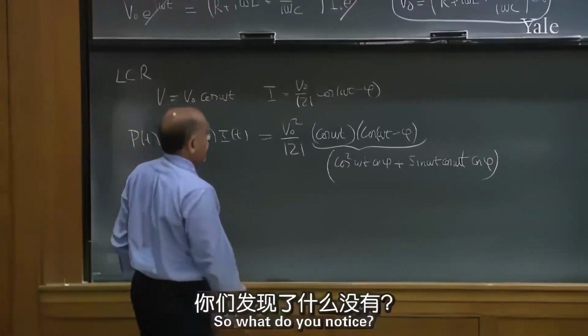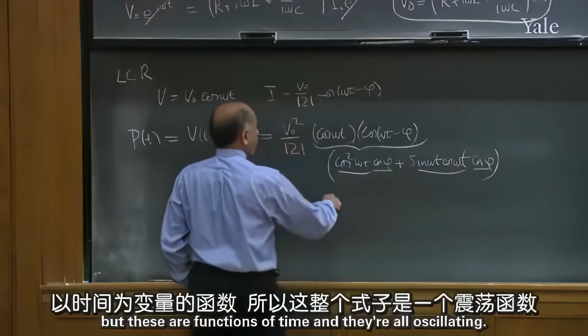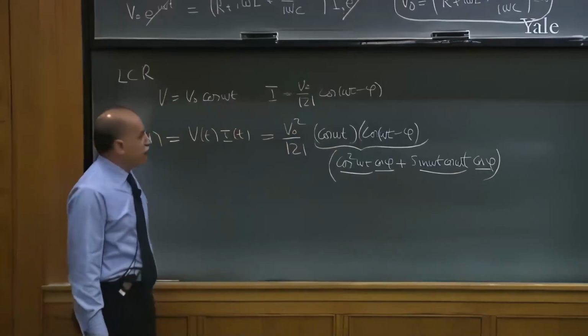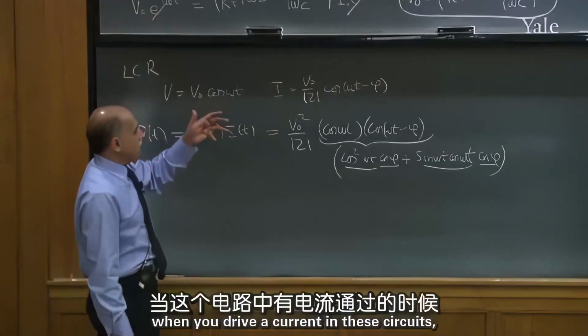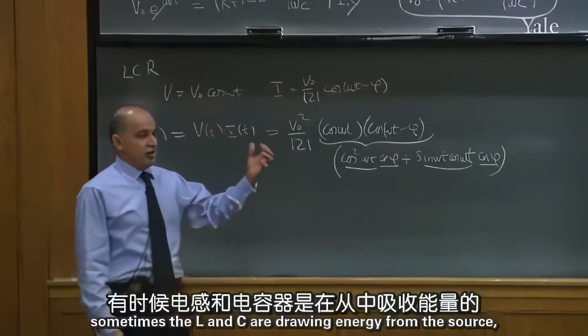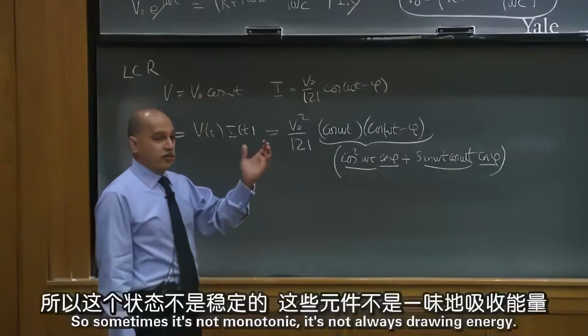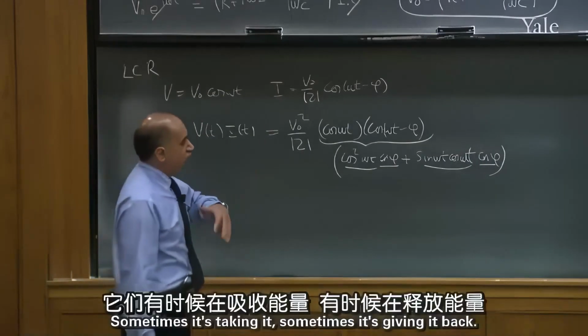So what do you notice? Cos phi and sine phi are some constants, but these are functions of time, and they're all oscillating. The reason they're oscillating is that when you drive a current in these circuits, sometimes the L and C are drawing energy from the source, sometimes they're giving it back. So sometimes it's not monotonic, it's not always drawing energy. Sometimes it's taking it, sometimes it's giving it back.